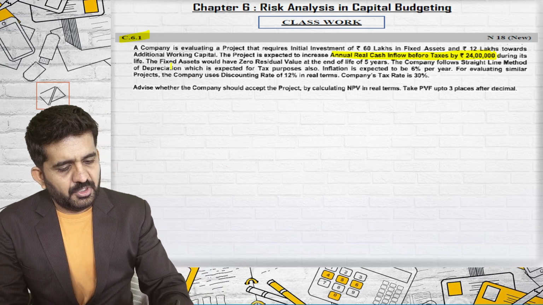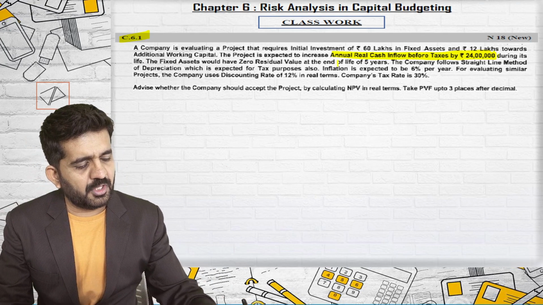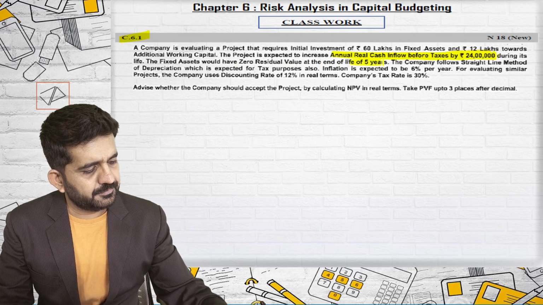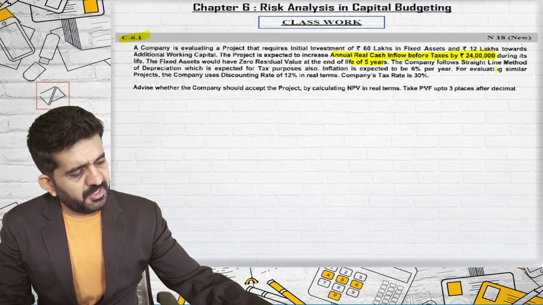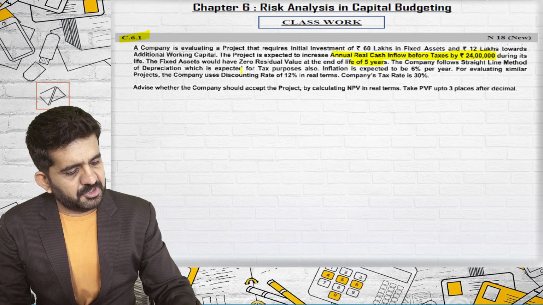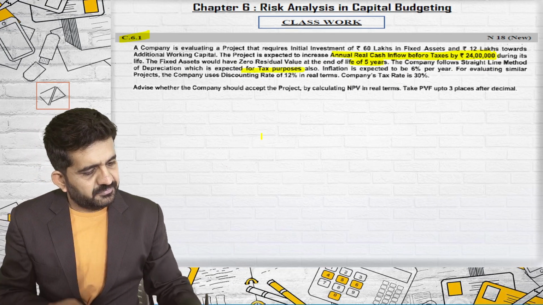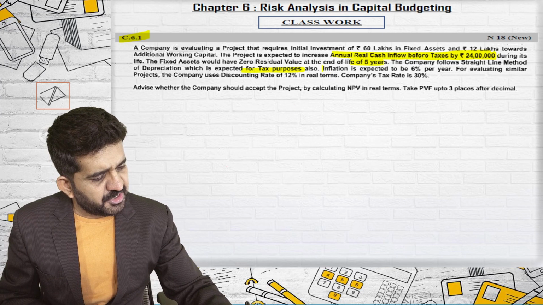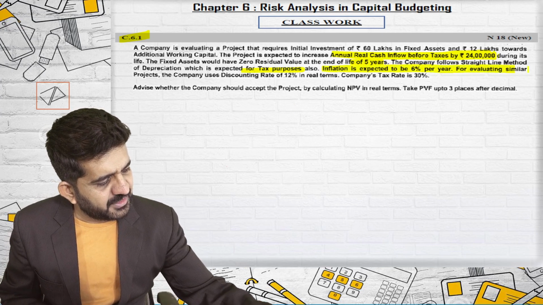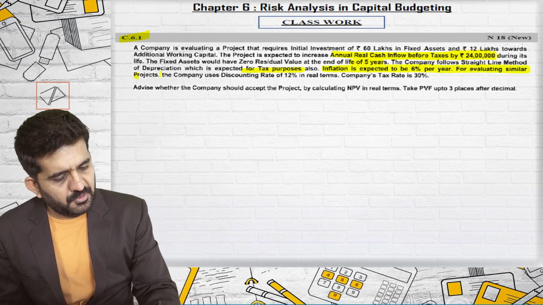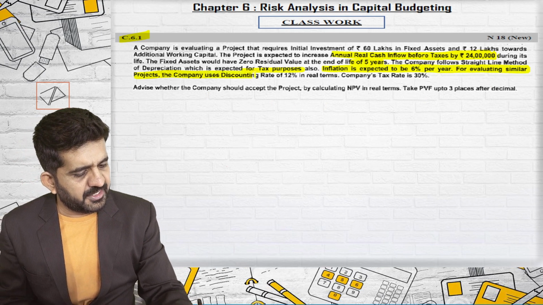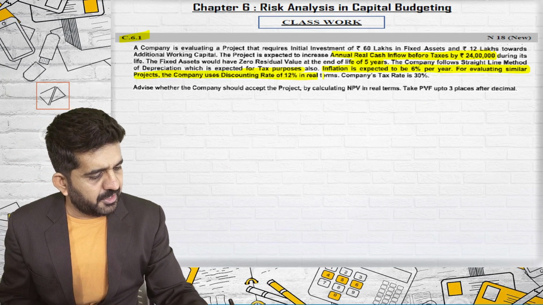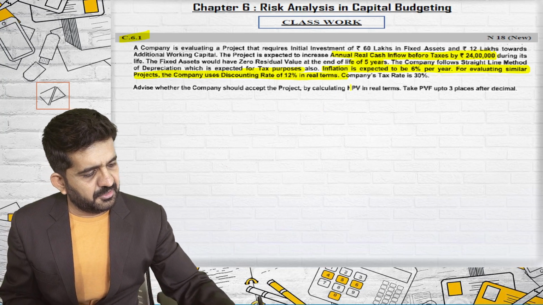During its life, the fixed asset would have zero residual value at the end of the 5 years. The company follows the straight line method of depreciation for tax purposes. Also, inflation is expected to be 6% per year. For evaluating the project, company uses discount rate of 12% in real terms.